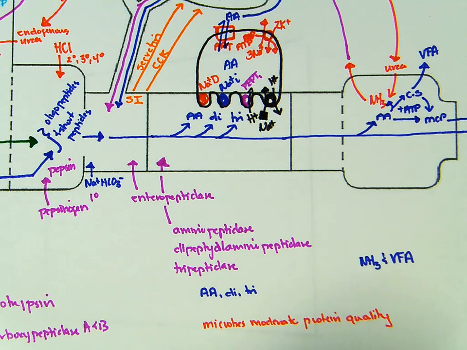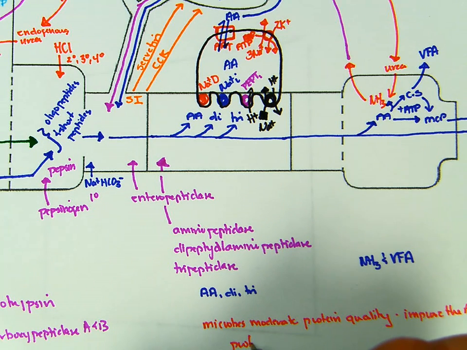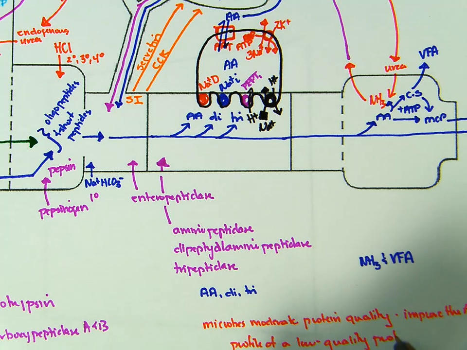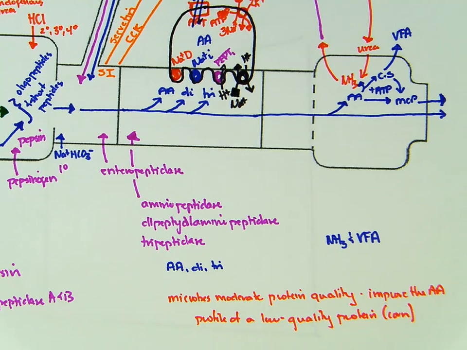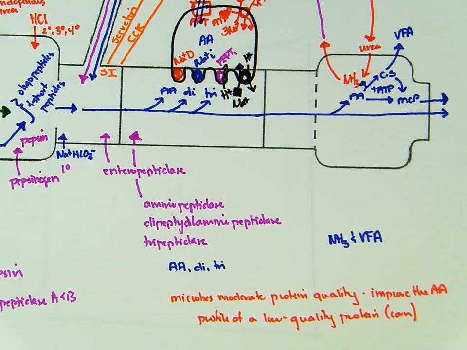What I really mean is they can improve the amino acid profile of a low quality protein, corn, but in contrast, they would decrease the protein quality of a high quality protein. So they would decrease the amino acid profile of a high quality protein.